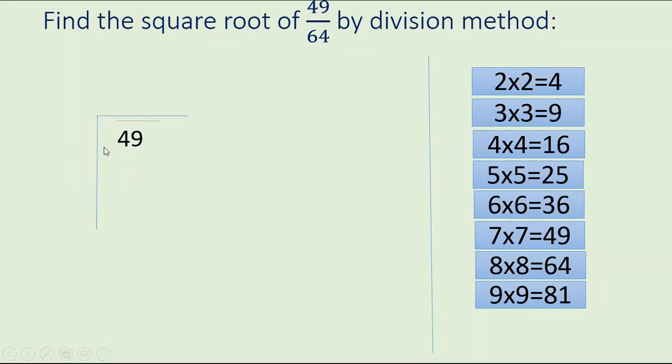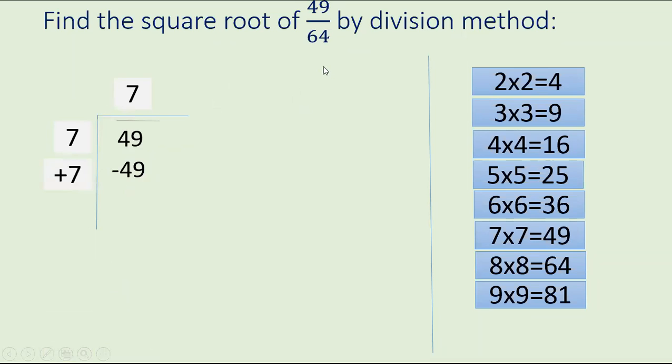So 7 into 7 is 49. And then on the left hand side, the number which is multiplied is going to be added on the left hand side. So here 49 minus 49 is cancelled and 7 plus 7 is 14.